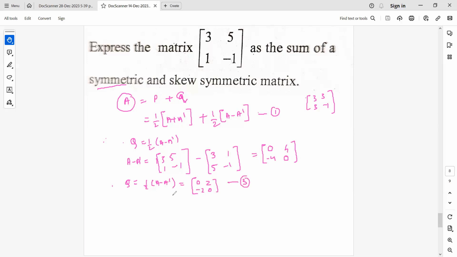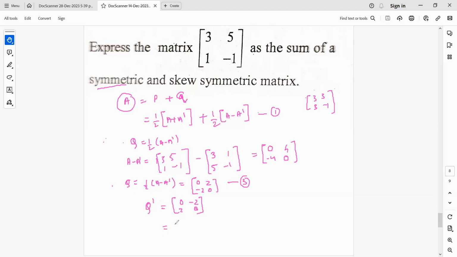But before showing the sum of symmetric and skew symmetric, we need to show Q dash is a skew symmetric matrix. To show this, we need to show Q dash is equal to minus Q. Q dash will be the transpose of [0 2; -2 0], converting rows into columns: first row into first column, second row into second column.